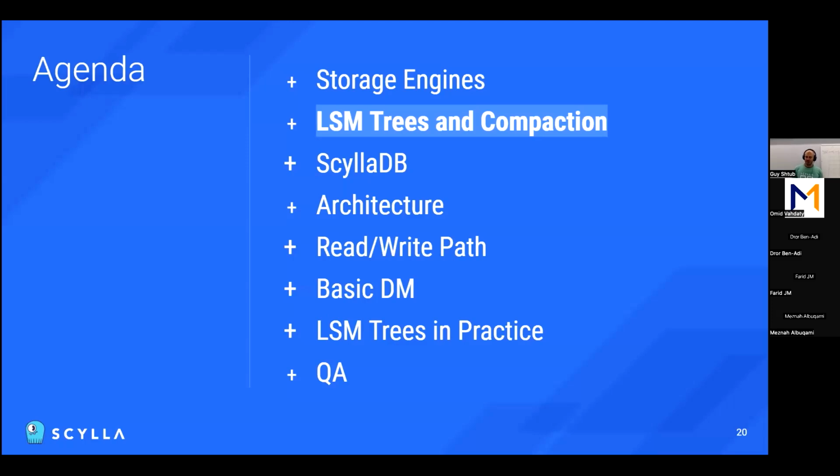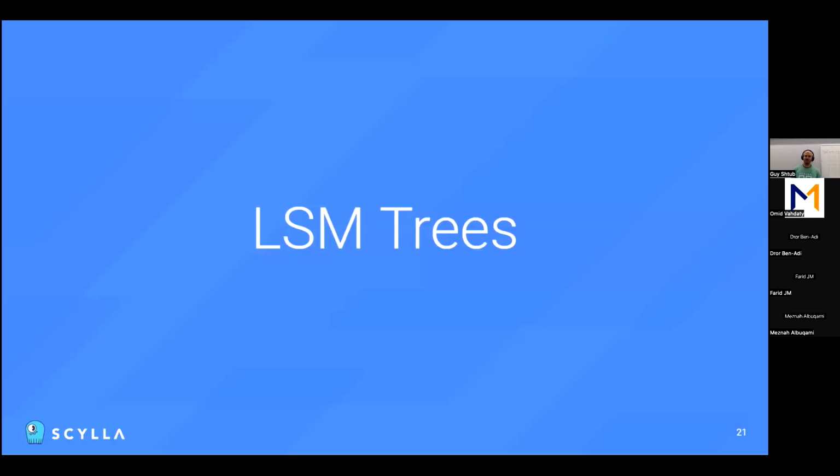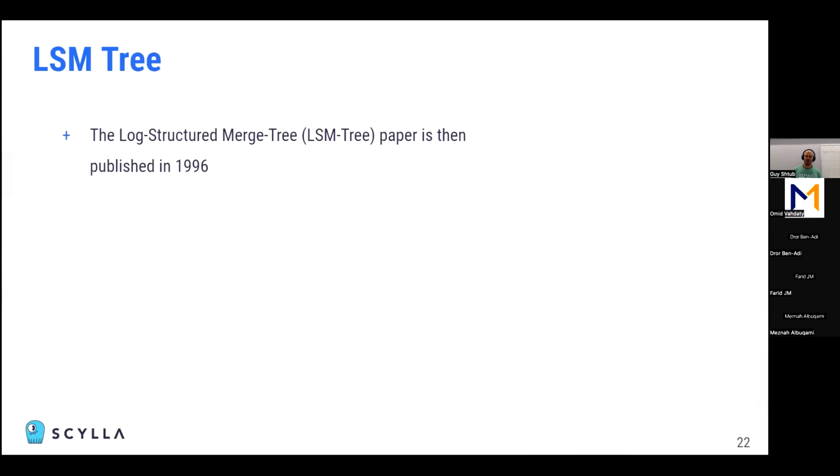Great. And that brings me to LSM trees and to compaction, log structured merge trees. So there was, again, another paper published in 1996 called the LSM tree paper, which made a lot of waves and influence.